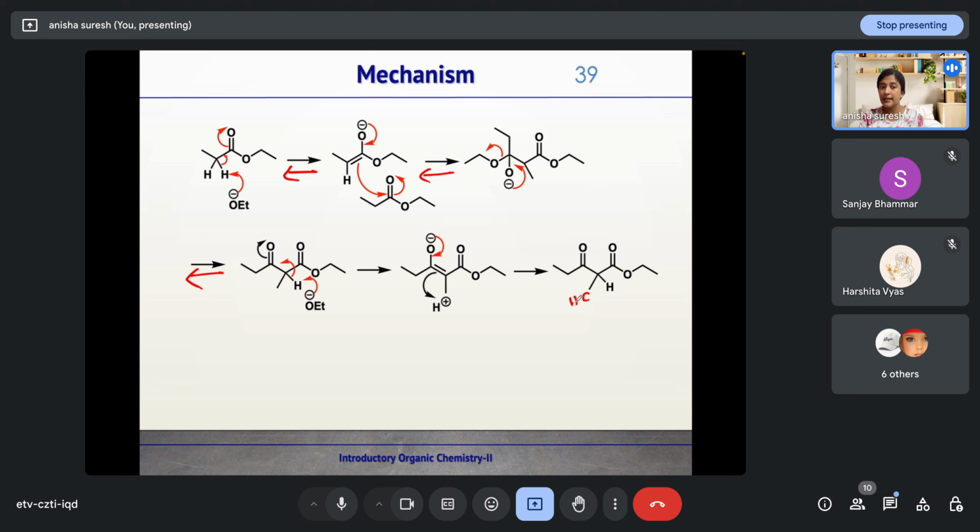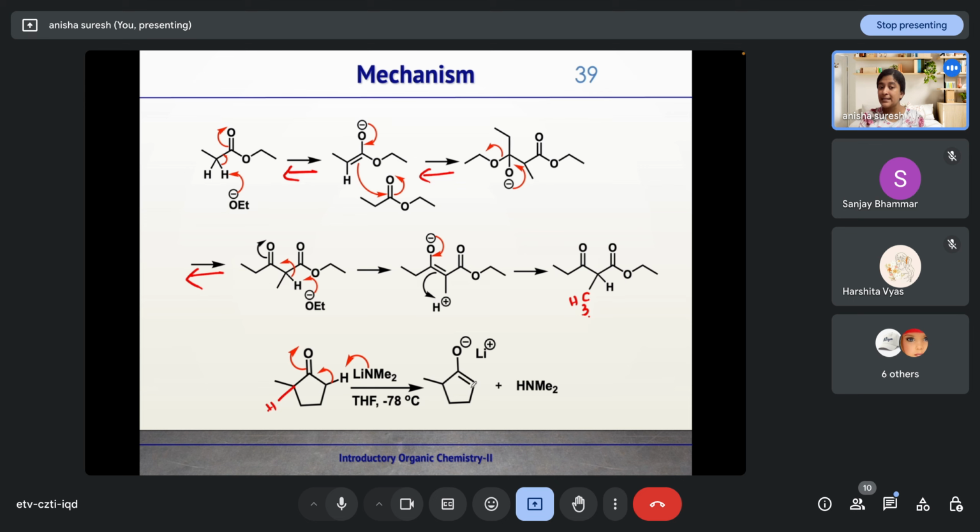So here there is a CH3 as well. Okay, and in the presence of this lithium based base, since it is a bulky base, it cannot abstract the proton from this position. So here steric reasons will be coming into picture.